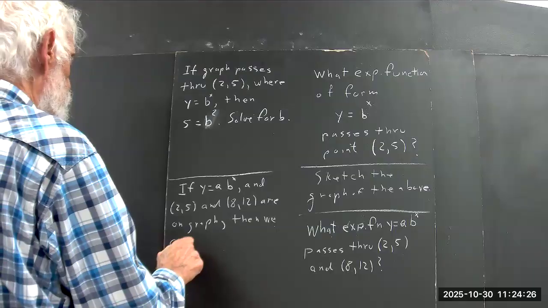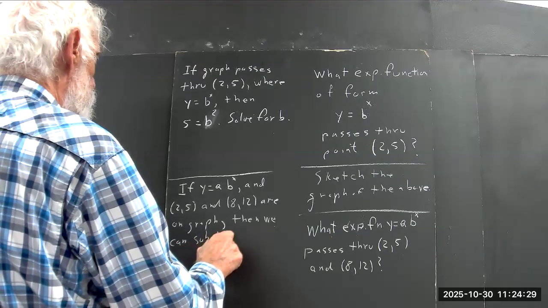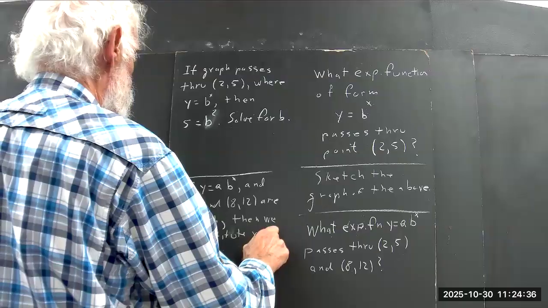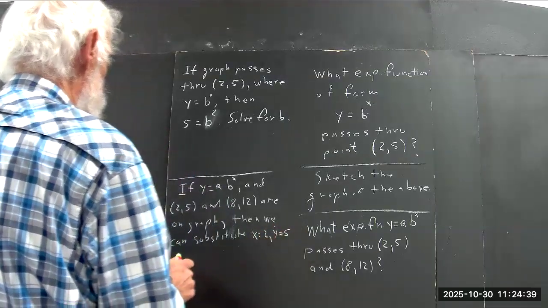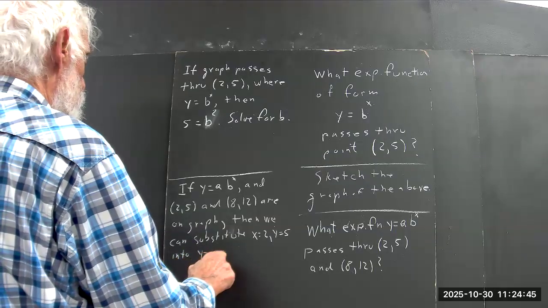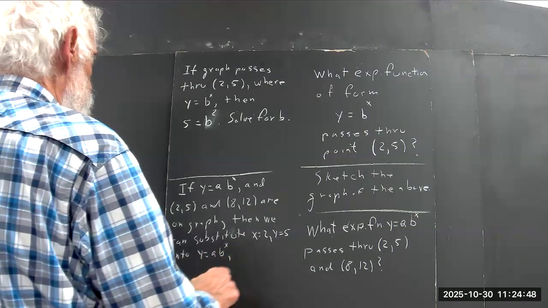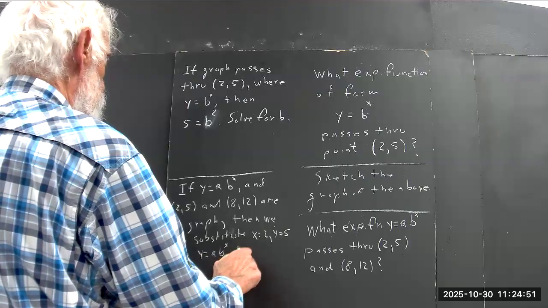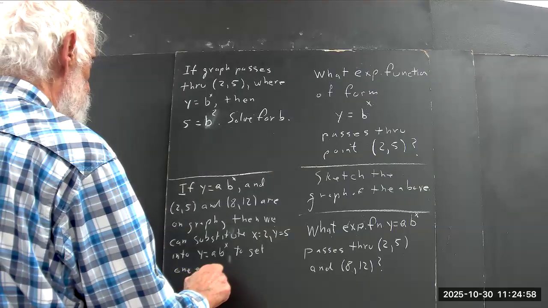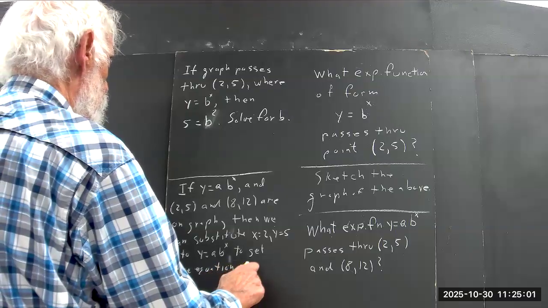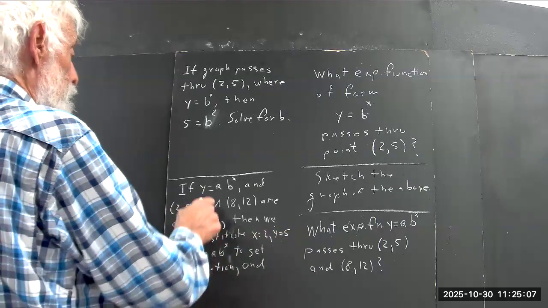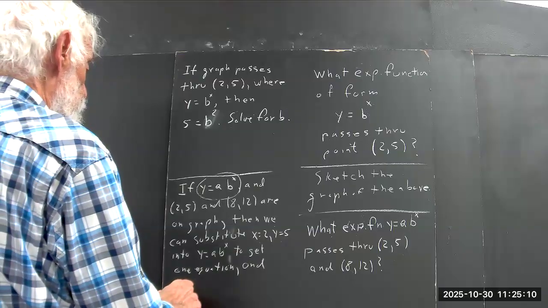I'm going to write out some more words. We can substitute x equals 2, y equals 5 into this form and get one equation.